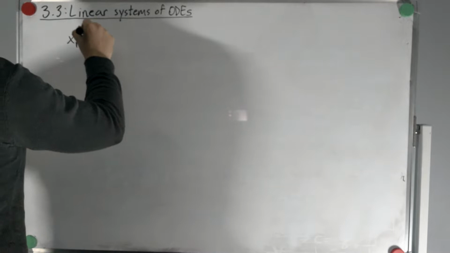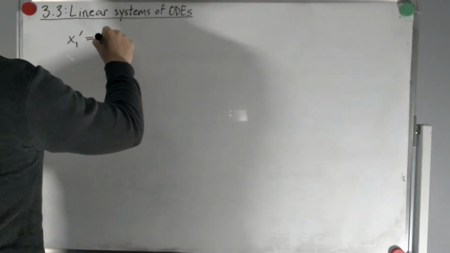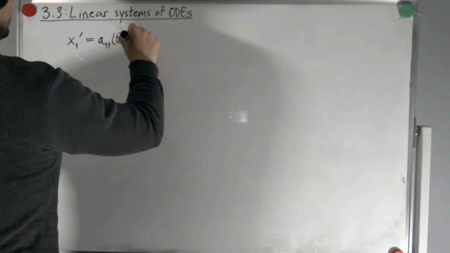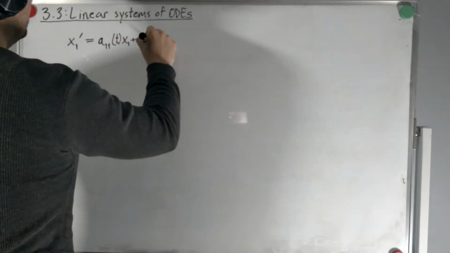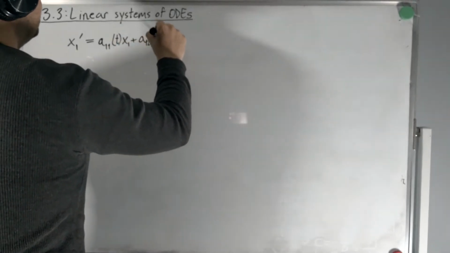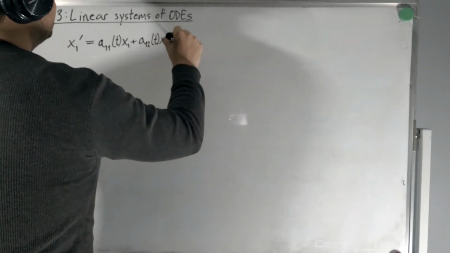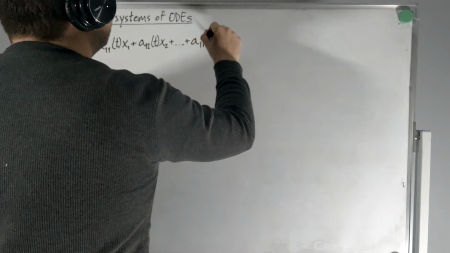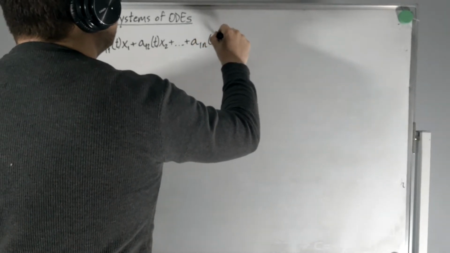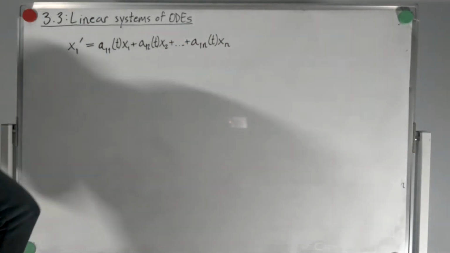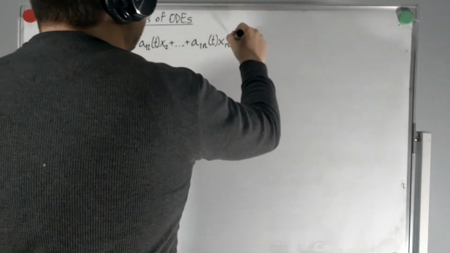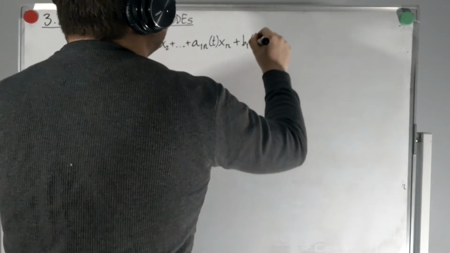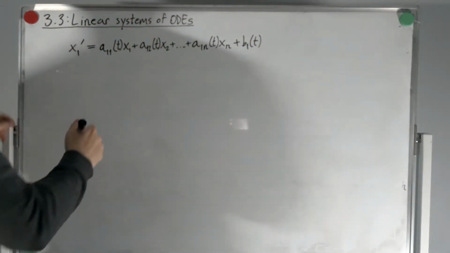We have x1 prime equaling some function of t times x1 plus some function of t times x2 plus dot dot dot plus some function of t times xn, and then possibly some other function of t. That would be the inhomogeneous term.